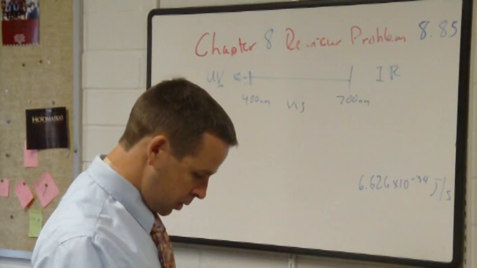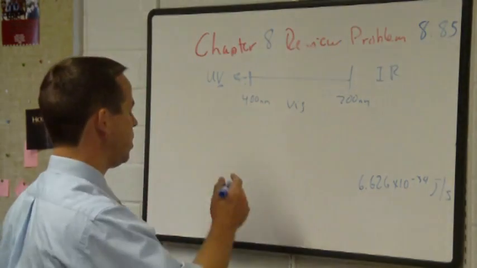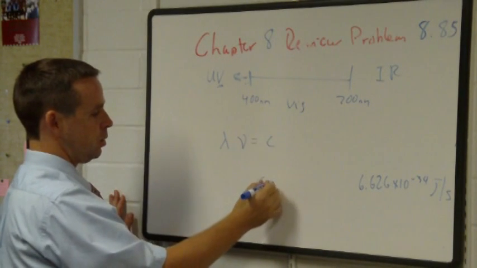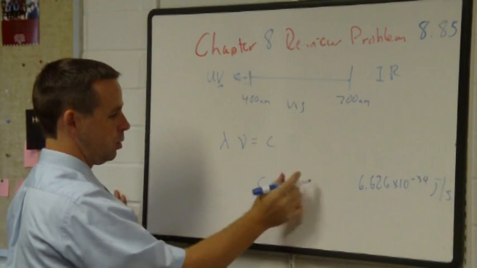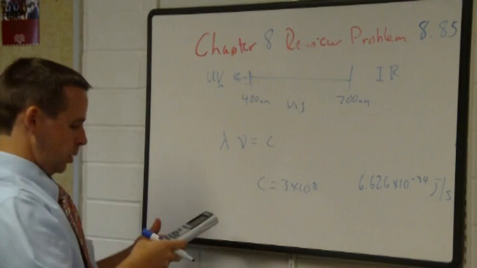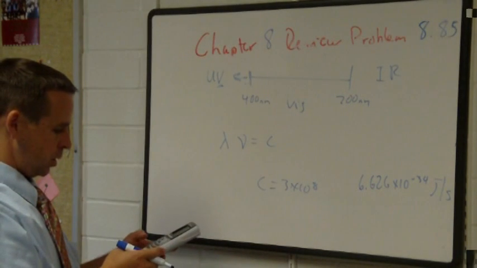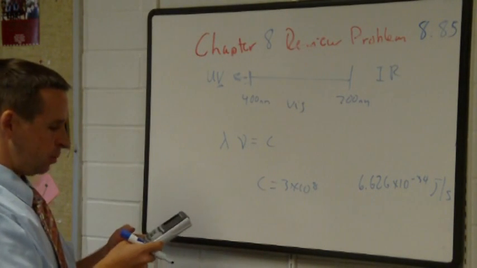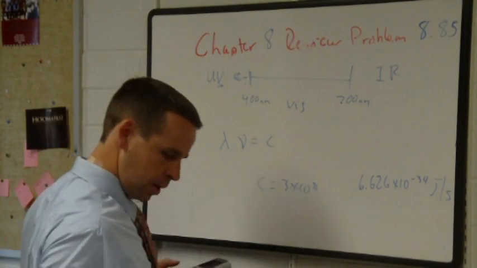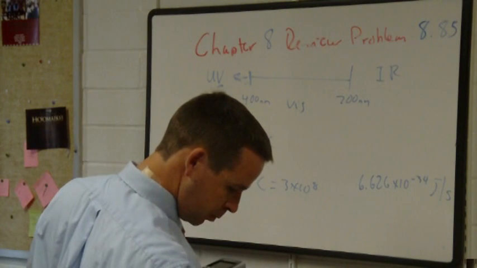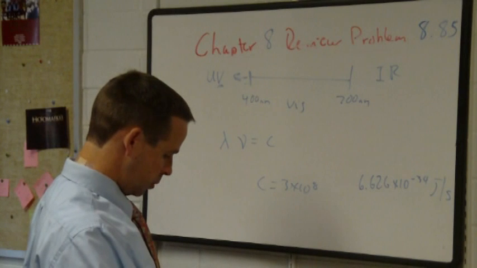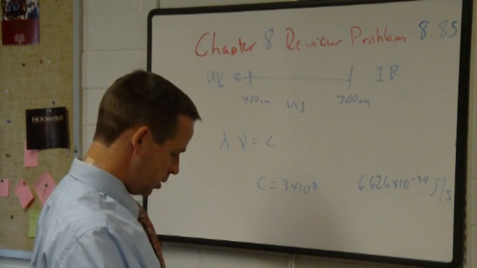What is its frequency? All right, so we want to identify its frequency. Again, wavelength, frequency, speed of light. C equals 3 times 10 to the 8th, divided by wavelength in meters, though, and we have it in nanometers, so that's 410.3 times 10 to the minus 9th meters.